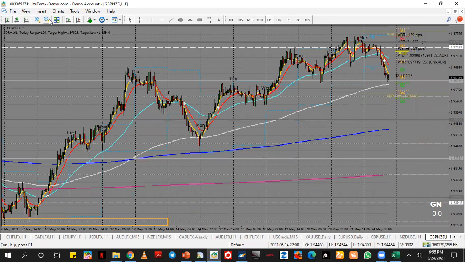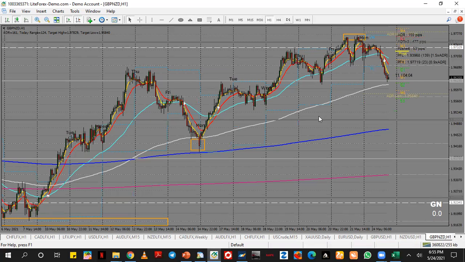So basically, the peak reset was right here, and we have 1, 2, 3, and then we are having a peak formation high at this area.